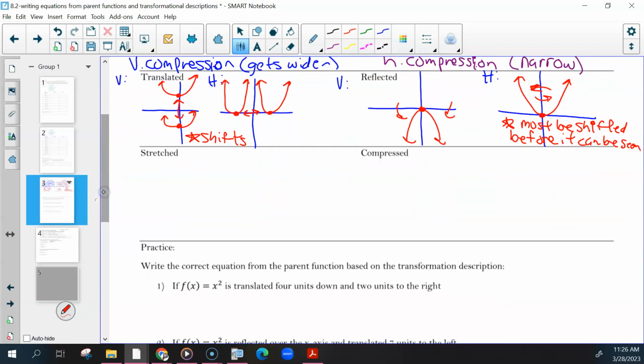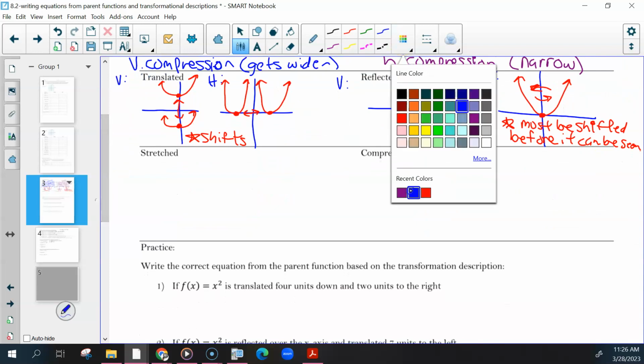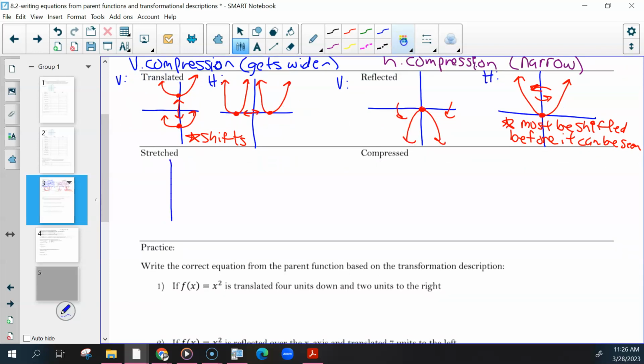Then stretch, we're going to do the same thing. So we talked about vertically stretching something. It's stretching towards the y-axis, so it gets narrow. So try to draw yours a little bit narrower.